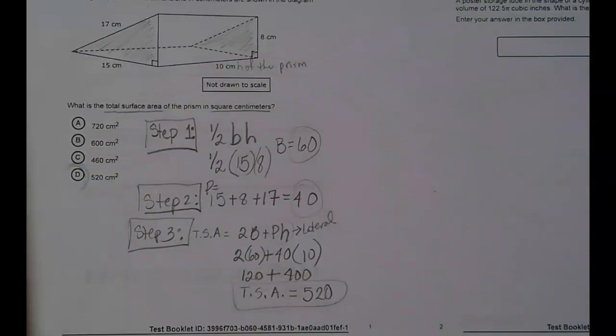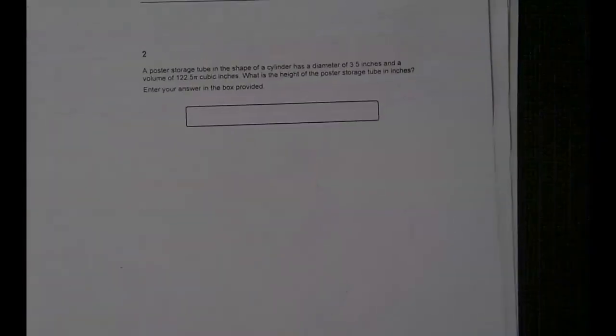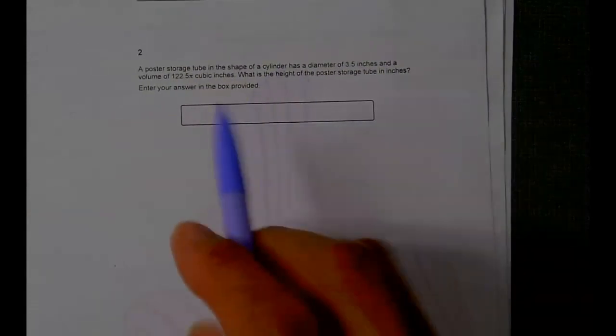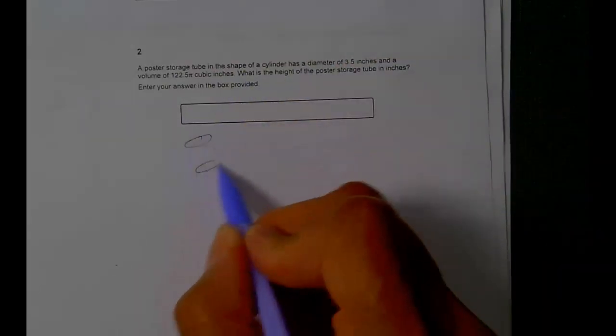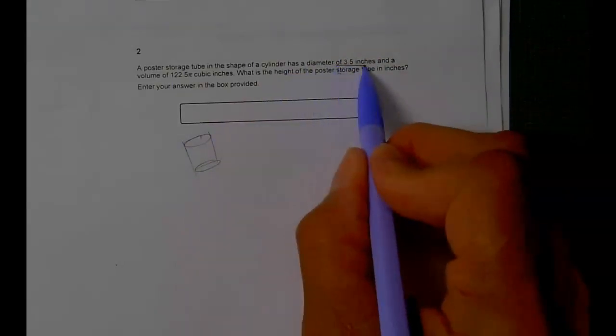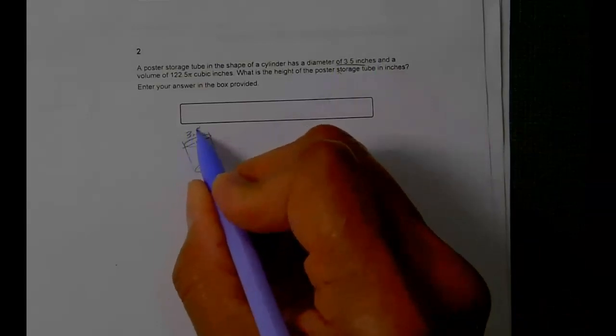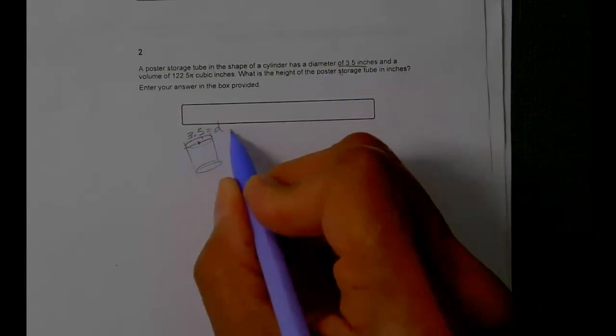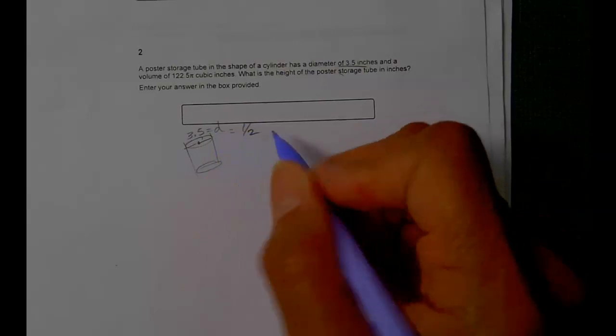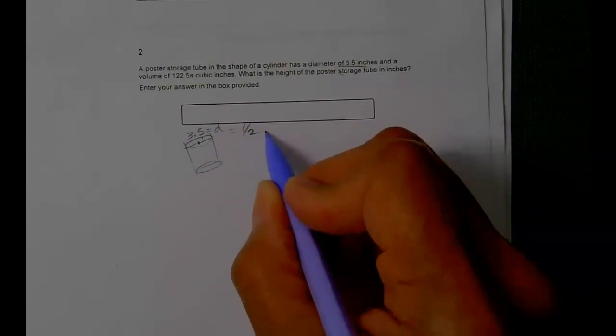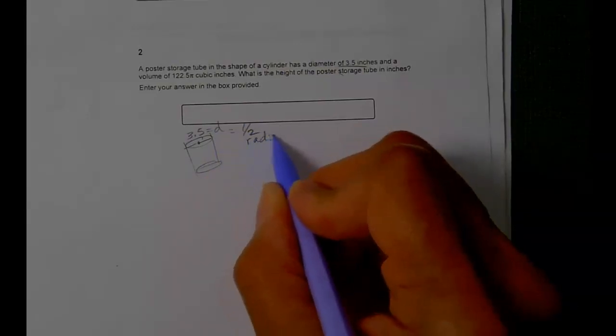All right. So now we're going to go to number 2. Number 2 says a poster storage tube in the shape of a cylinder. So I'm going to create a cylinder. The diameter is 3.5. That means it's all the way across. 3.5 is the diameter, but I need to halve that so I can get the radius.